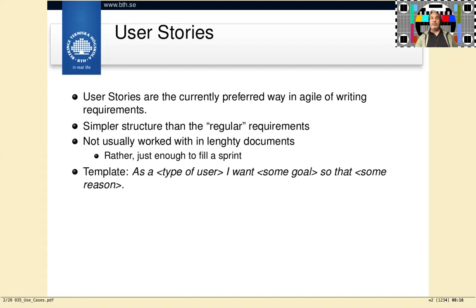So rather than having these 200 requirements on how to design a login window, the goal is that as the owner of this software, I want users to authenticate themselves so that I know they're allowed to do what they're supposed to do.